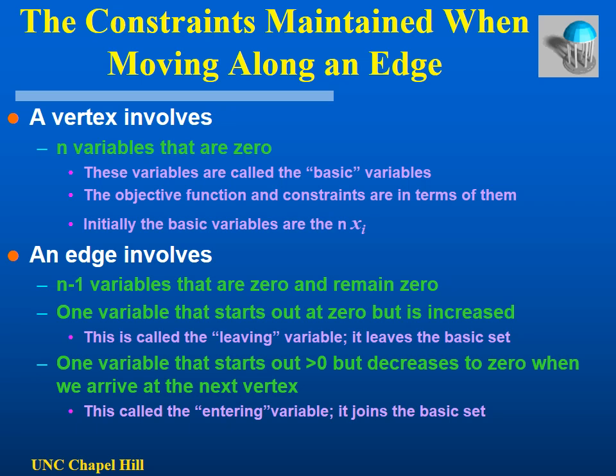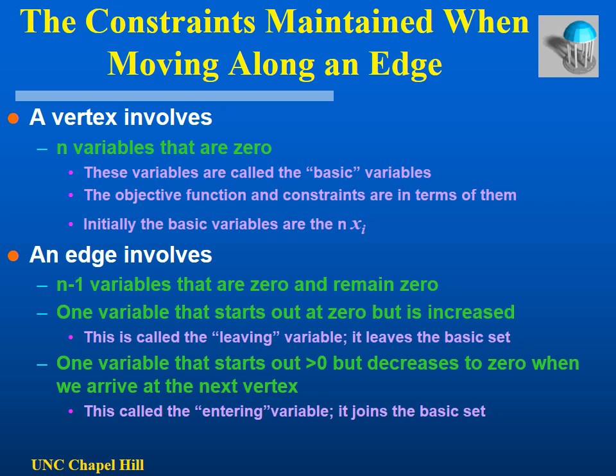Now, an edge from that vertex, any edge, is a line, and that involves n minus 1 variables that are 0 and remain 0 as we walk along the edge. That is to say, for any one of the points on that edge, there are n minus 1 variables that are 0. There's one additional variable that starts out at 0, but we increase as we walk along the edge.